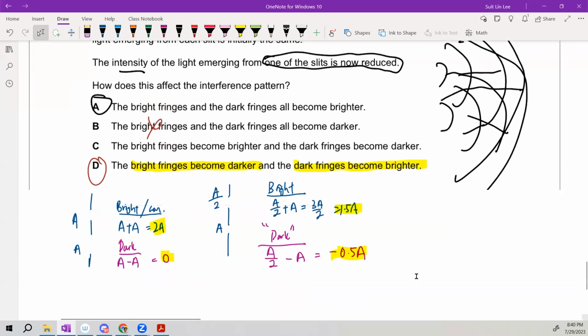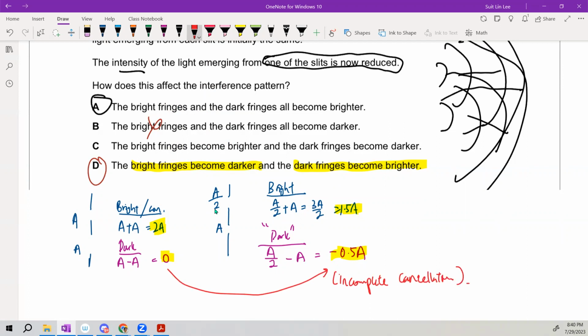This one is also a very common question. It's helpful to just test values so that you know the changes that happen. But the idea here is the reason why the dark fringe is brighter is mainly because there is no complete cancellation. I cannot cancel A with 0.5A. So this one is due to incomplete cancellation.